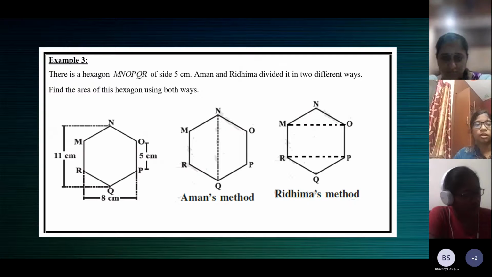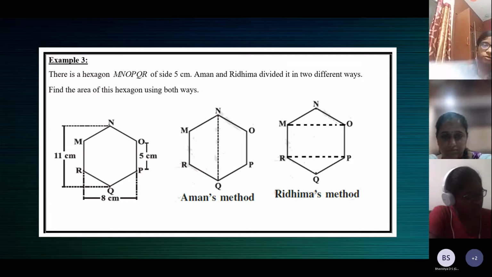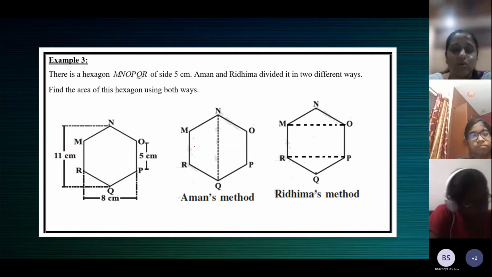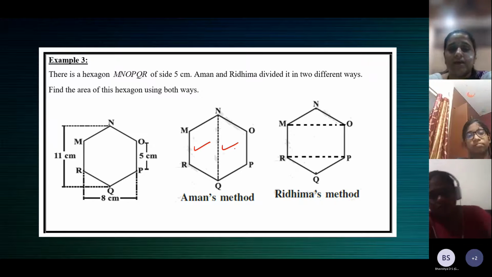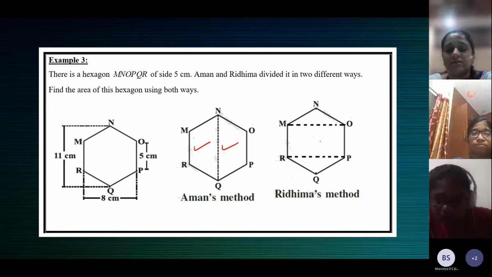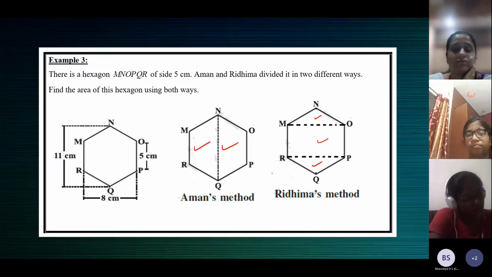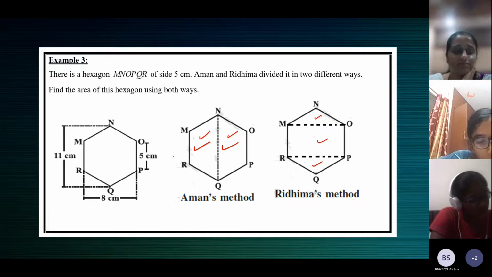Aman used the trapezium method and Ridhima used by splitting it. Aman has divided the hexagon into two trapezium, one here and one here. Ridhima has divided the hexagon into two triangles and one rectangle. In Aman's case, there is a trapezium here and a trapezium here.